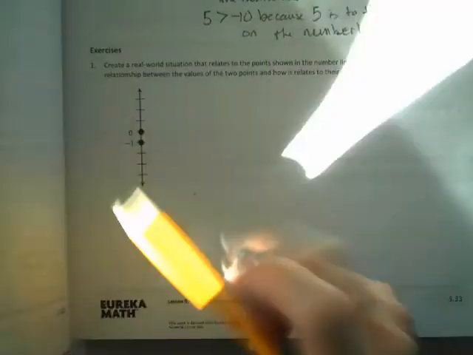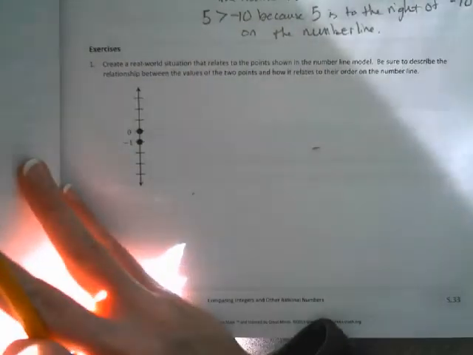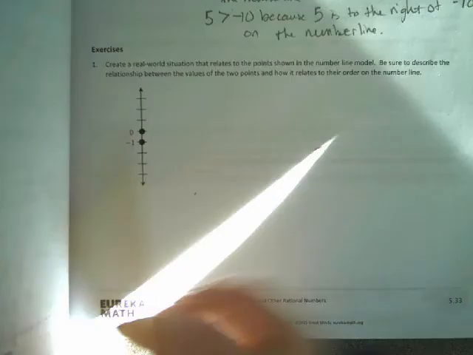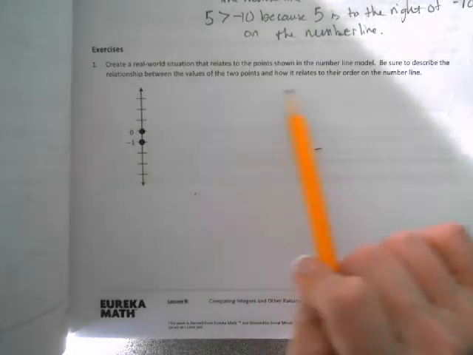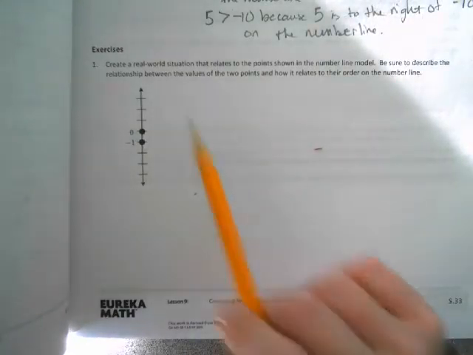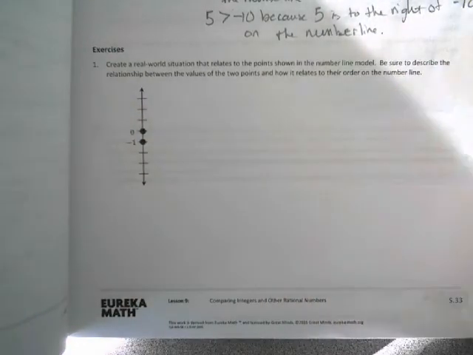All right, let's go ahead and look at this vertical number line down here. It says create a real-world situation that relates to the point shown in the number line. Be sure to describe the relationship between the values of the 2 points and how it relates to the order on the number line. So I have to tell a story.